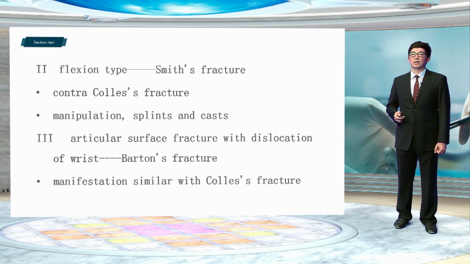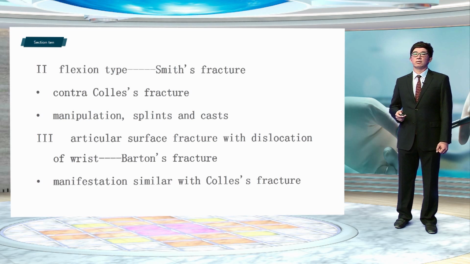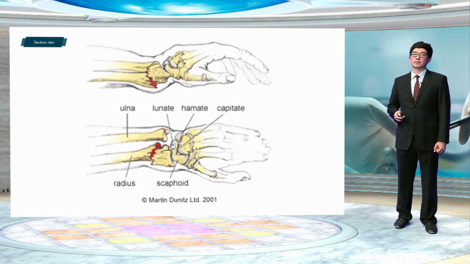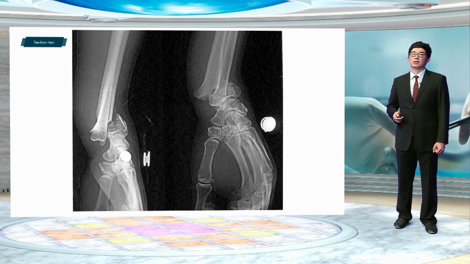The third is the articular surface fracture with dislocation of the wrist. We call it Barton's fracture. The manifestation is similar to Colles fracture. This picture shows the fork deformity. This picture shows the structures and anatomy around the wrist.